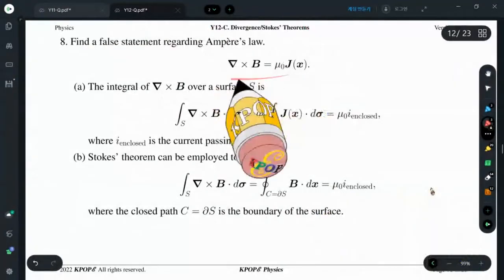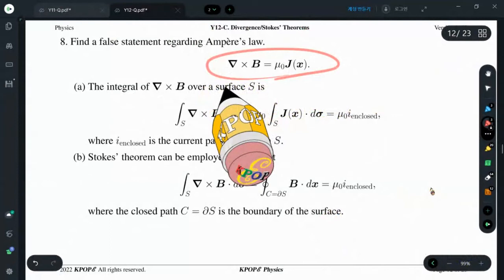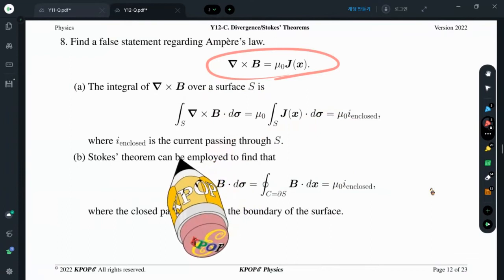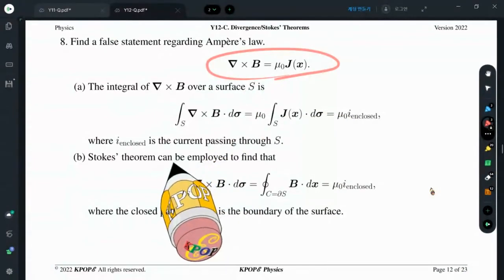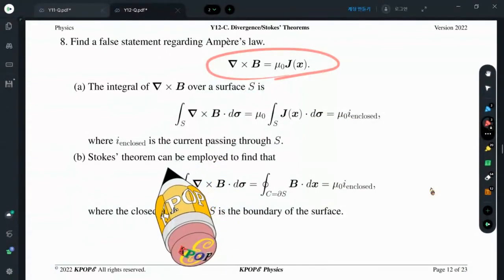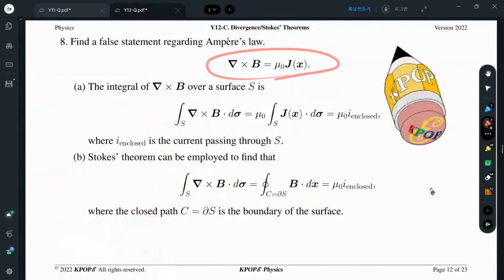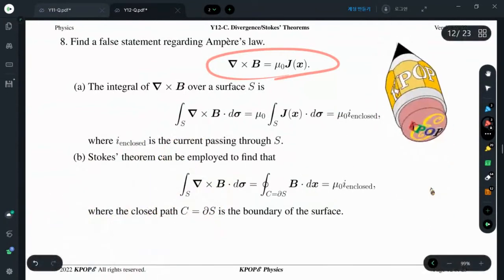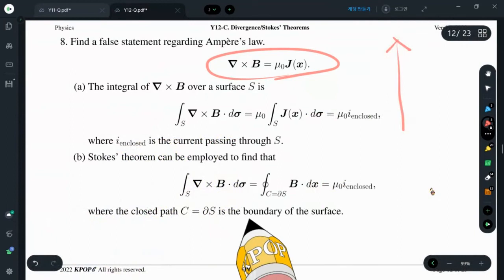Let us prove Ampere's law. This is the differential form of Ampere's law, but the integral form of Ampere's law can be constructed first. There's a current.